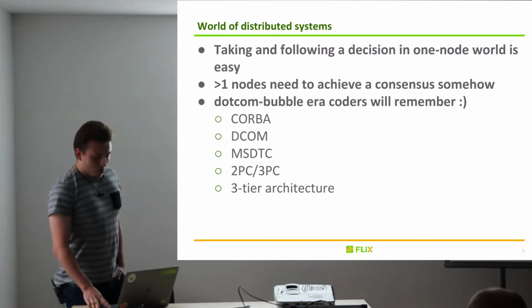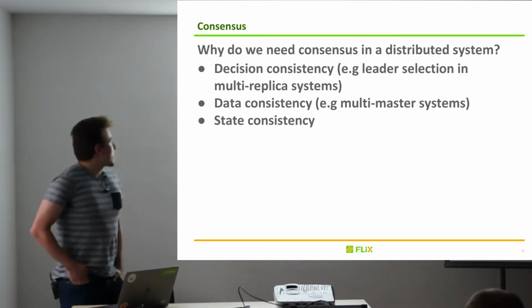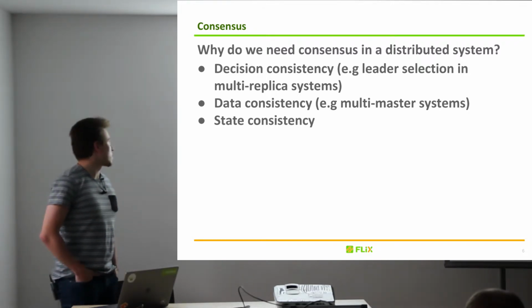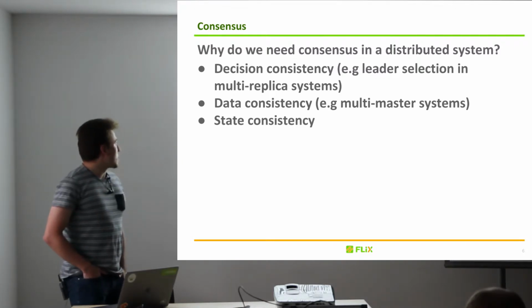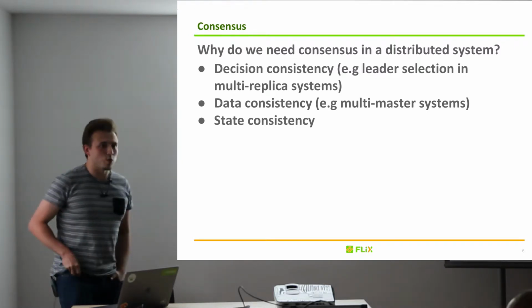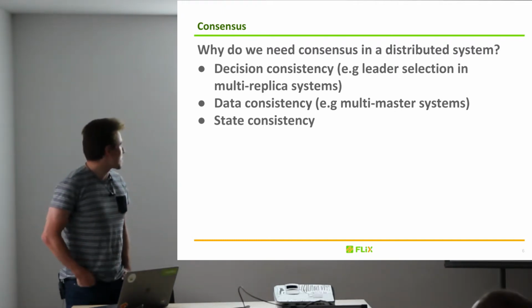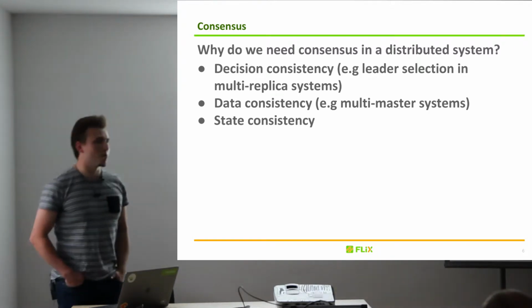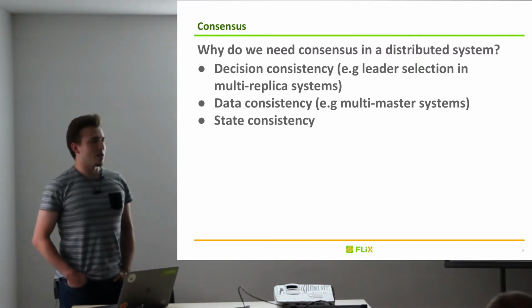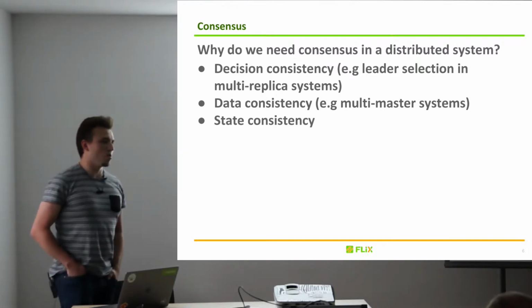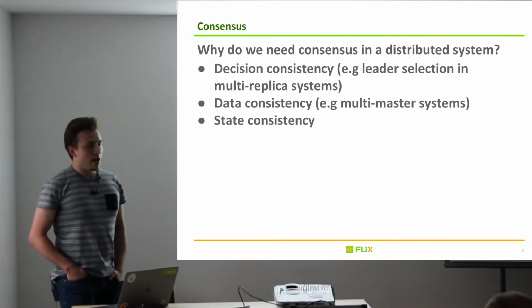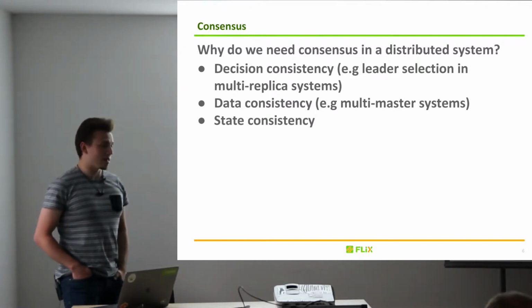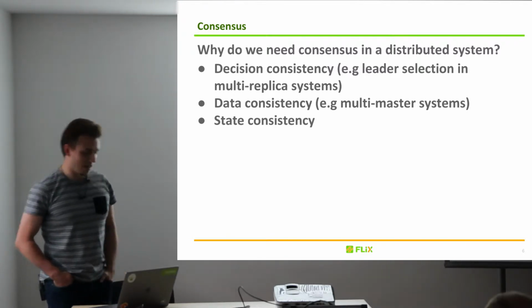Anyway, back to consensus. So what are the cases to tackle with consensus? First of all, we spoke, or there was a talk, about data consistency. It's for the second case, etcd, Zookeeper, many other systems try to be either multi-master or master-slave and have to handle the data consistency issues with some consensus algorithms inside.